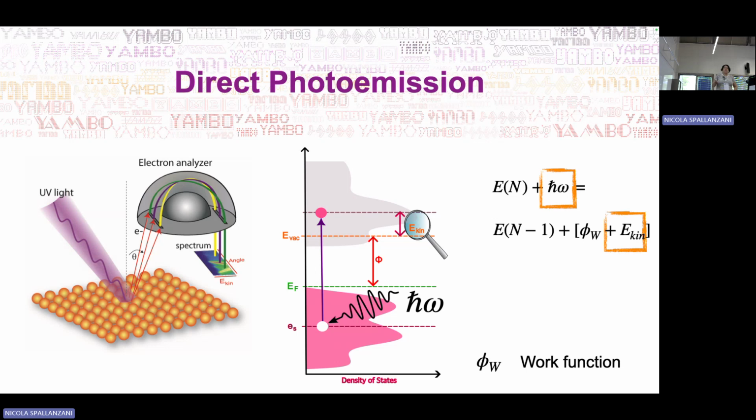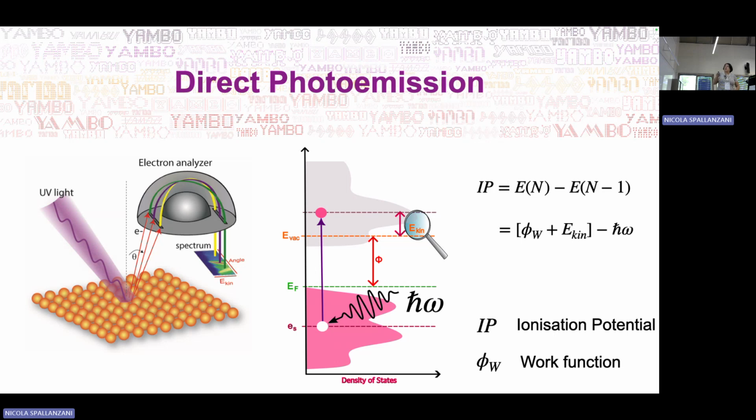We shine light, and we know the energy of this incoming light. This electron will overcome the work function, will go to the vacuum, will get away from our system, and the kinetic energy of this electron will allow us to compute this energy difference that is the ionization potential.